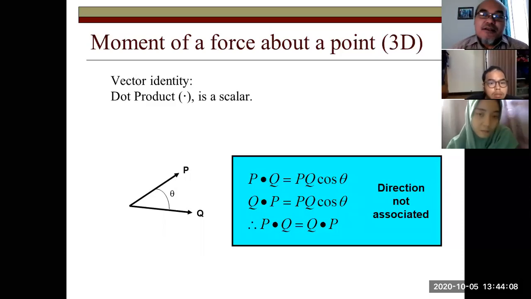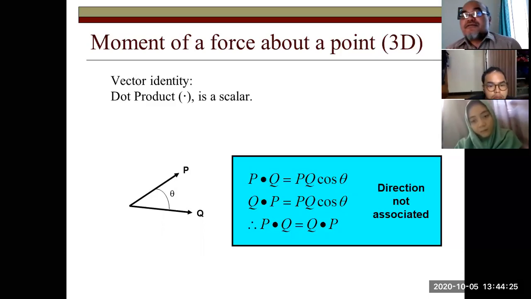Q dot P equals P multiplied by Q cos theta. Since cos theta is the same for both, and the result is a scalar, it does not have any direction. So the dot product is commutative: P dot Q equals Q dot P. No association to direction.